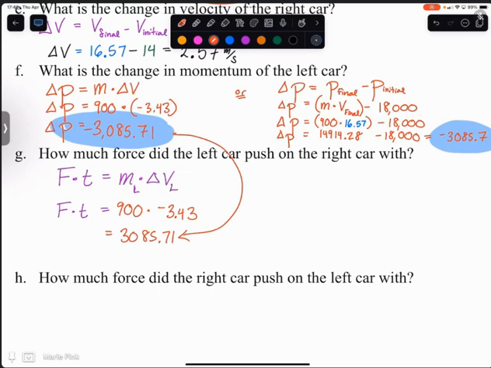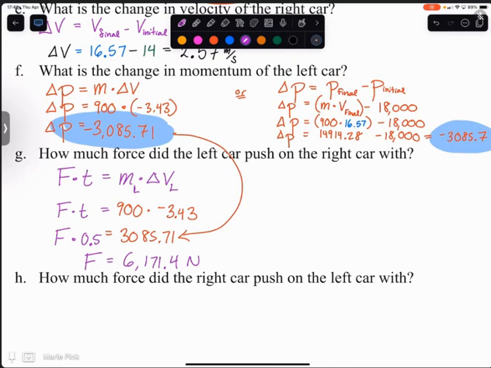So that's good. We get the same thing twice. And then the time, it said in the problem, was a half second. So that's 0.5. And I just need to solve for force. And the force that I get is going to be 6,171.4 newtons.